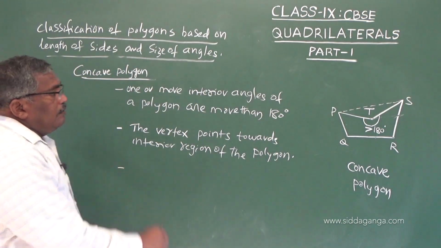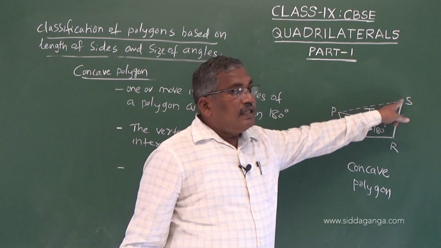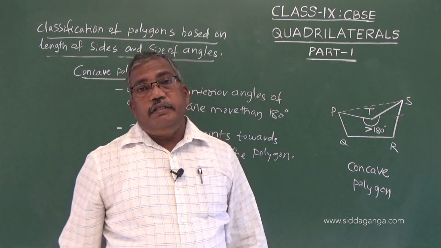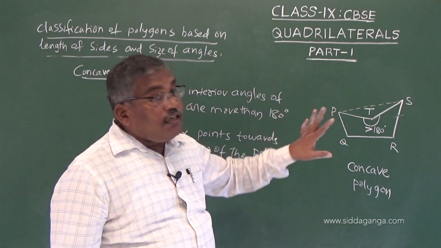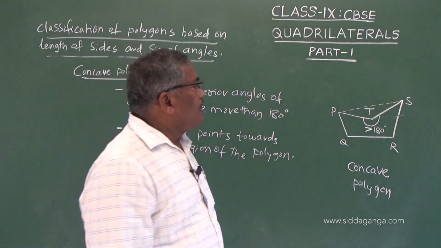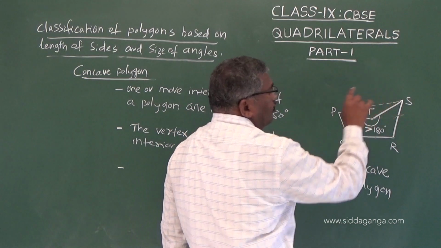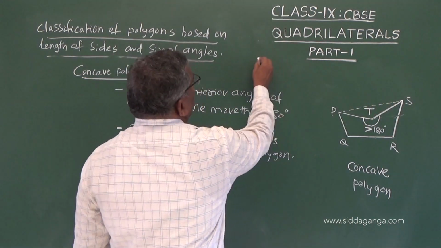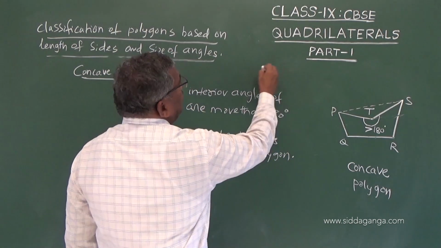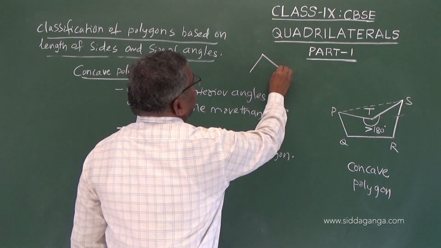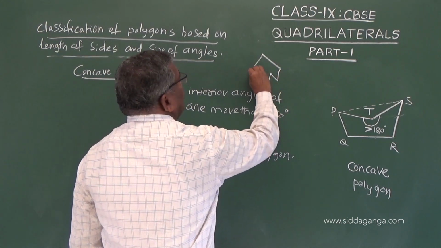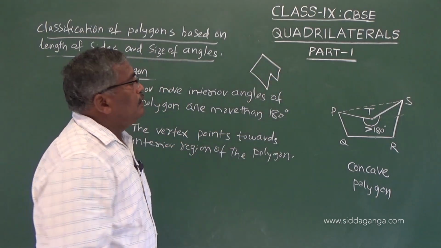Now when you draw diagonals, some of the diagonals, or a part of a diagonal, may not be entirely inside. I will give you an example. Suppose I have a figure like this.